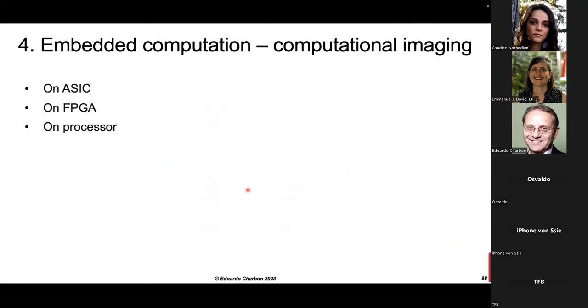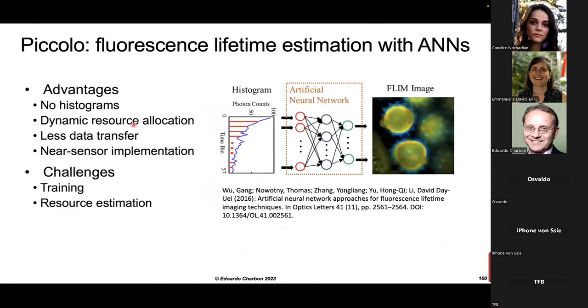Embedded computation is also a very interesting approach that can be done on an ASIC, on an FPGA, and on a processor. So a couple of examples here. This is a detector called Piccolo in combination with an artificial neural network for the interpretation of fluorescence lifetime imaging microscopy images. This has eliminated the histogram and replaced it with a neural network.